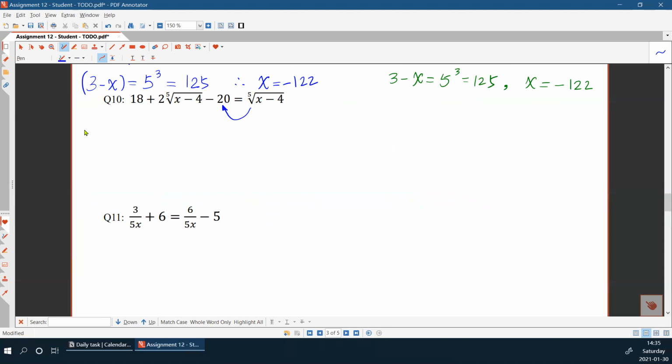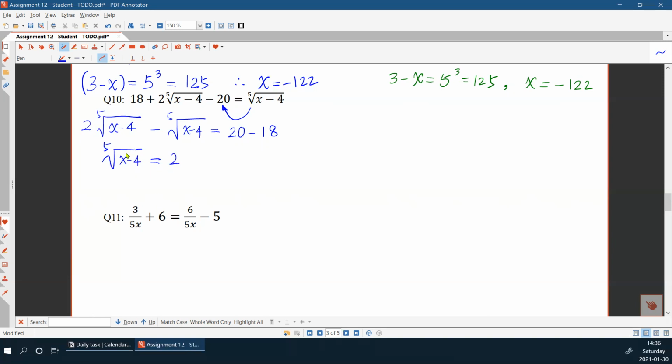So this gives us twice of fifth root of x minus 4 minus fifth root x minus 4 equals how much? 20 minus 18, right? Okay, now we have twice of something minus something, which gives us fifth root of x minus 4 equals 2, right?